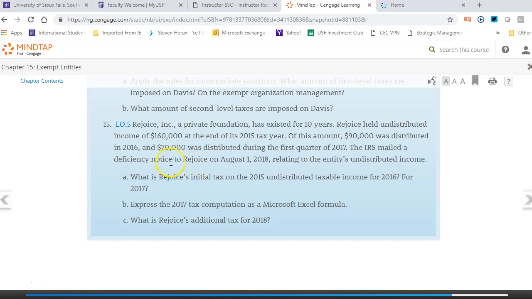The IRS mailed a deficiency notice to Rejoice on August 1 of 18 relating to the entity's undistributed income. So remember, the rules for a private foundation are a little bit different. They need to distribute their funds, or else they'll have to pay some taxes, which a pure non-exempt organization does not do. So you can see here, for letter A, the initial tax on the 15 undistributed income for 16.